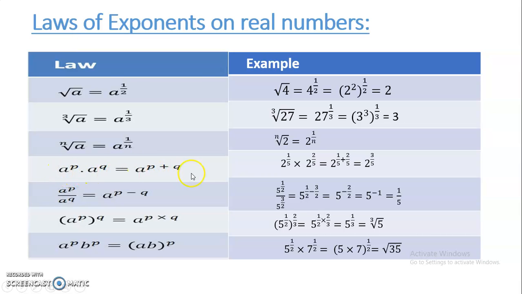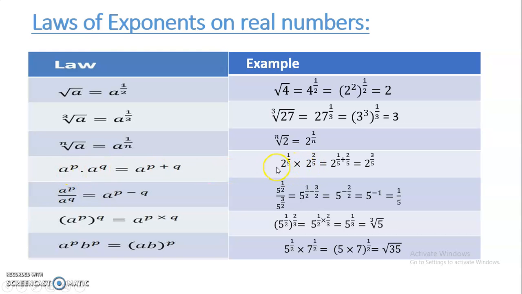See the other law, this is the law of multiplication. When two bases are the same and the exponents are different and both of these bases are in multiplication, you have to just add the exponents, because the bases are in multiplication and the base has to be the same.